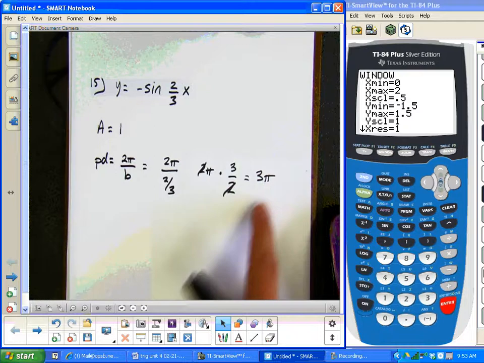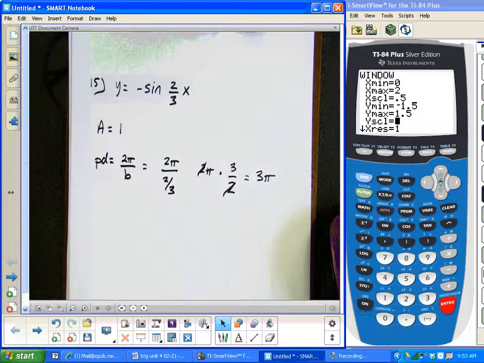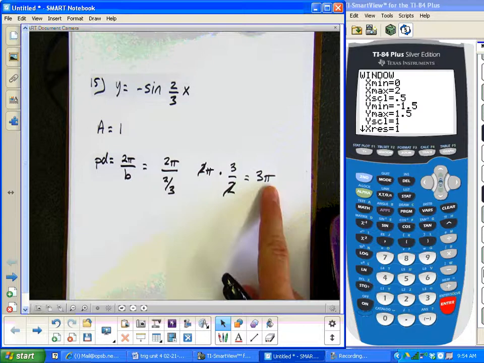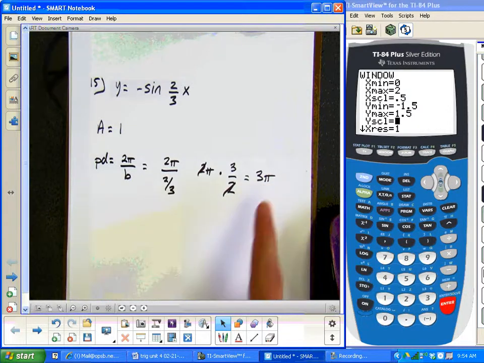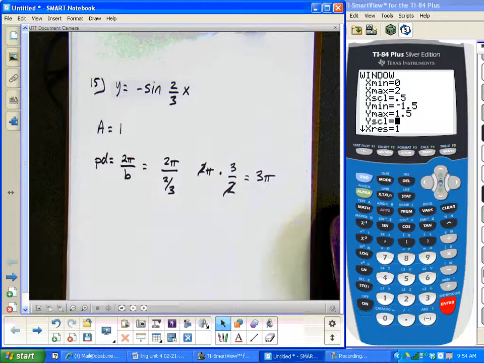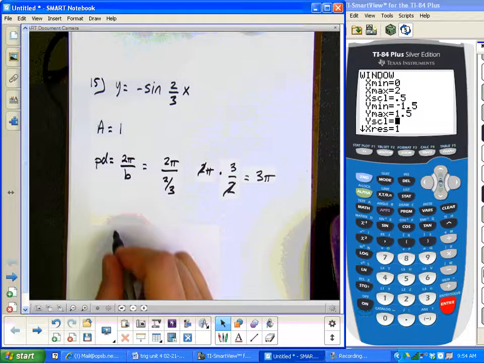The period is going to be divided into 4 equal units, so you could just take the period and divide it by 4, and that would tell you what each one is counting by. What's 3 pi divided by 4? 3 pi over 4. So every unit is 3 pi over 4. Now, that's one way of doing it.